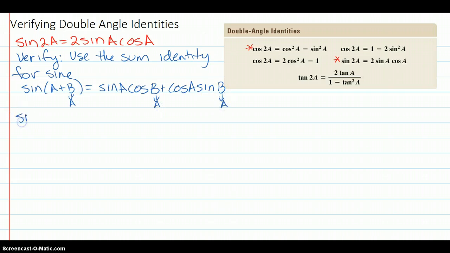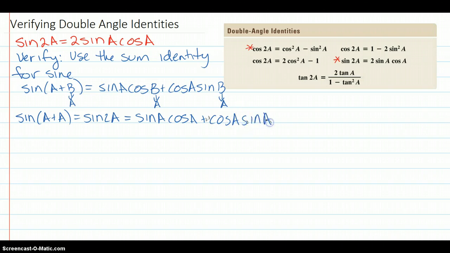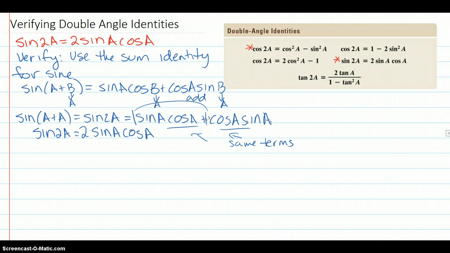So this tells us that sine of a plus a, which we know is sine of 2a, equals sine of a cosine a plus cosine a sine a. So sine of 2a is equal to, well, just add these two coefficients, because these are the same terms, that is 2 sine of a cosine of a. That verifies that identity.